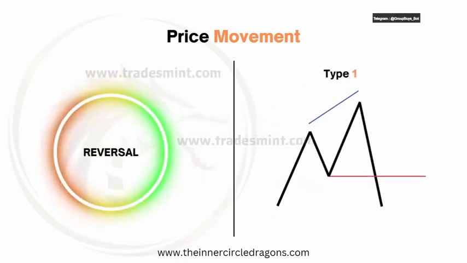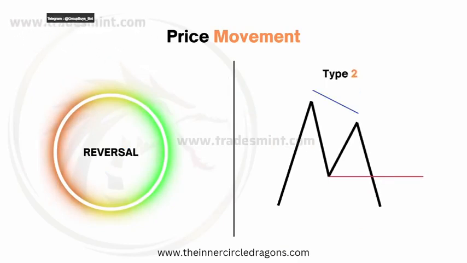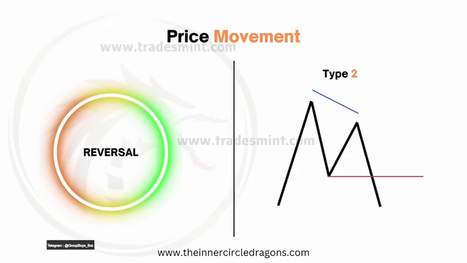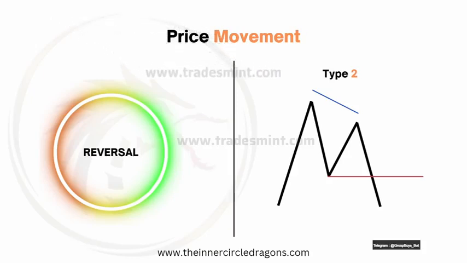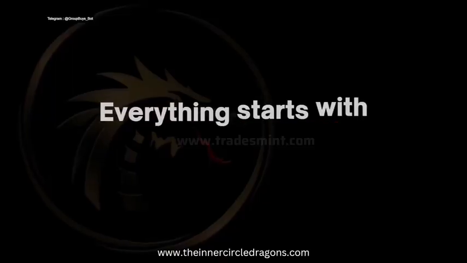There are two types of reversals. There is a type 1 where we create a higher high, and then there is a type 2 where we create a lower high. We're going to be focusing on the type 1 since that is the preferred reversal that ICT himself favors. But we're going to get into a lot more detail in the coming lessons.